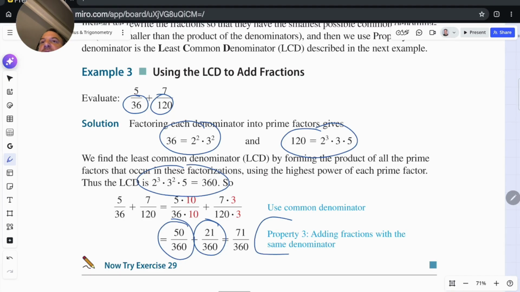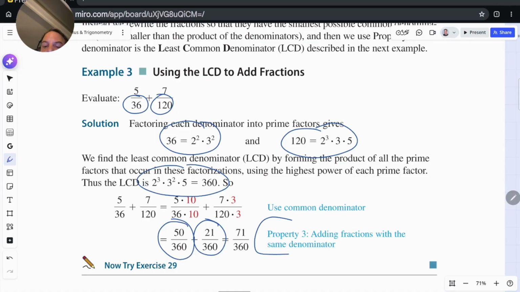Now we're ready to write each fraction with a denominator of 360. 5 over 36, for example, 36 times 10, so 5 times 10, 50 over 360. We multiply the top and the bottom by 10. And then 7 over 120 will get us to 21 over 360 because we're multiplying the top and the bottom both by 3. Then we simply add our numerators together. 50 plus 21 equals 71 to get us to 71 over 360.